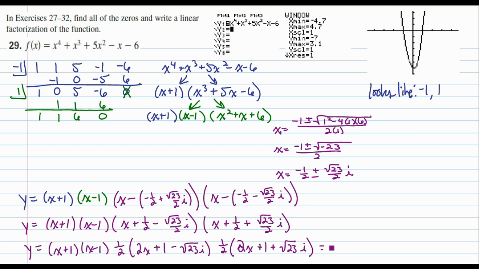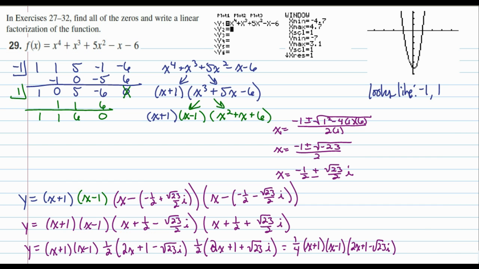So to simplify that, I get 1/4 times x plus 1 times x minus 1 times 2x plus 1 minus the square root of 23i. I am so running out of room. That's right, I know you wish you could do that. Okay, and then last term, factor 2x plus 1 plus square root 23i.